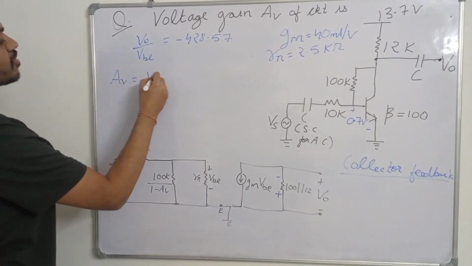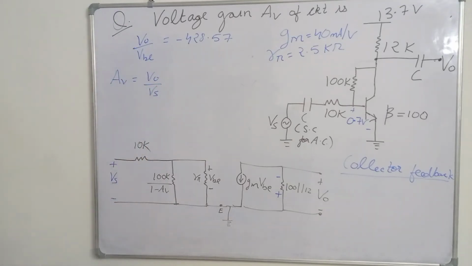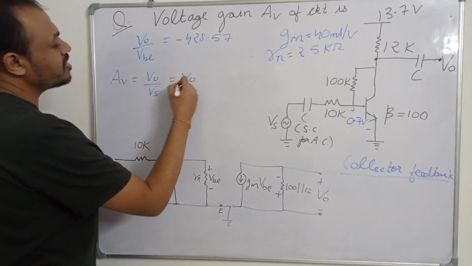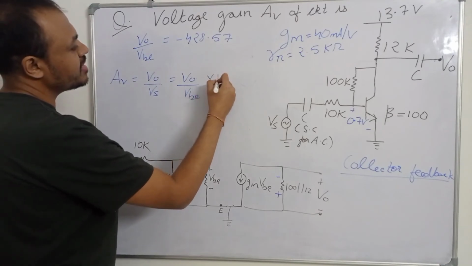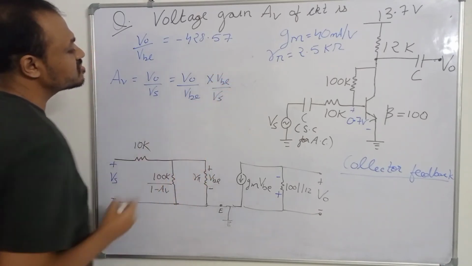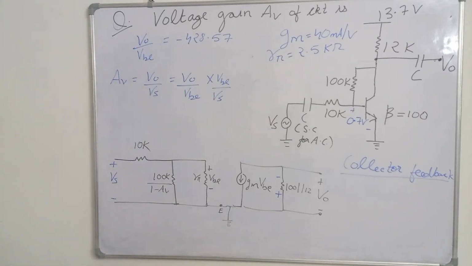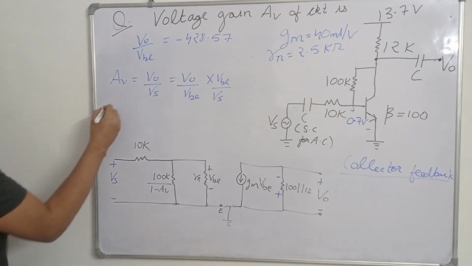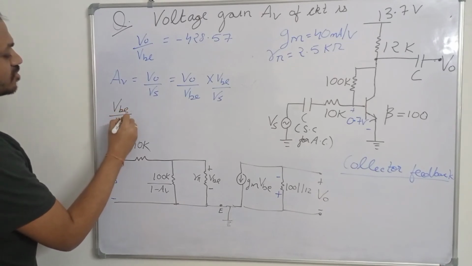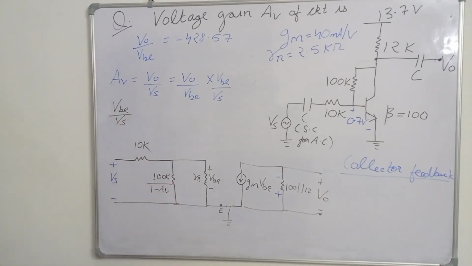This is given as V naught upon Vs. So we can write it as V naught upon VBE into VBE upon Vs. V naught upon VBE we have already calculated as minus 428.57, and we just have to calculate VBE upon Vs. So by the voltage divider rule, VBE upon Vs.